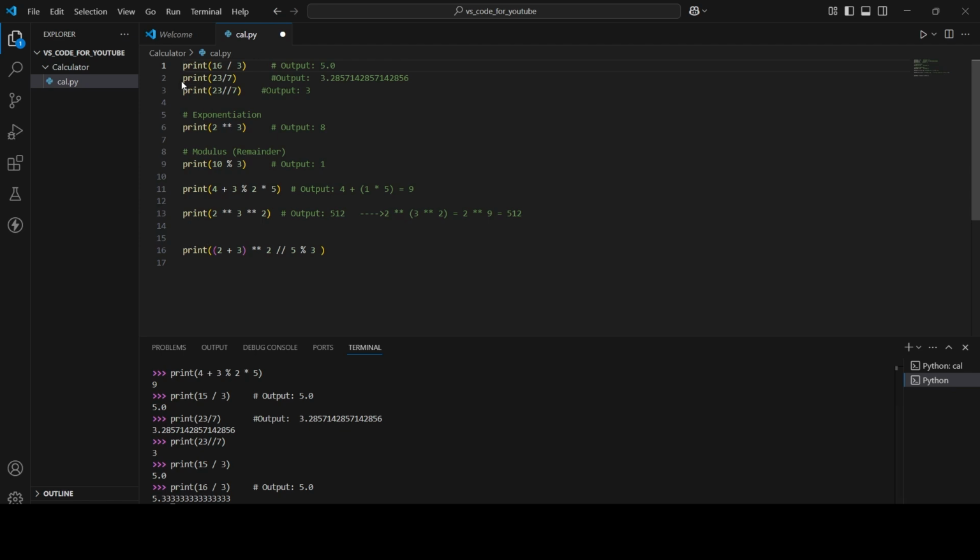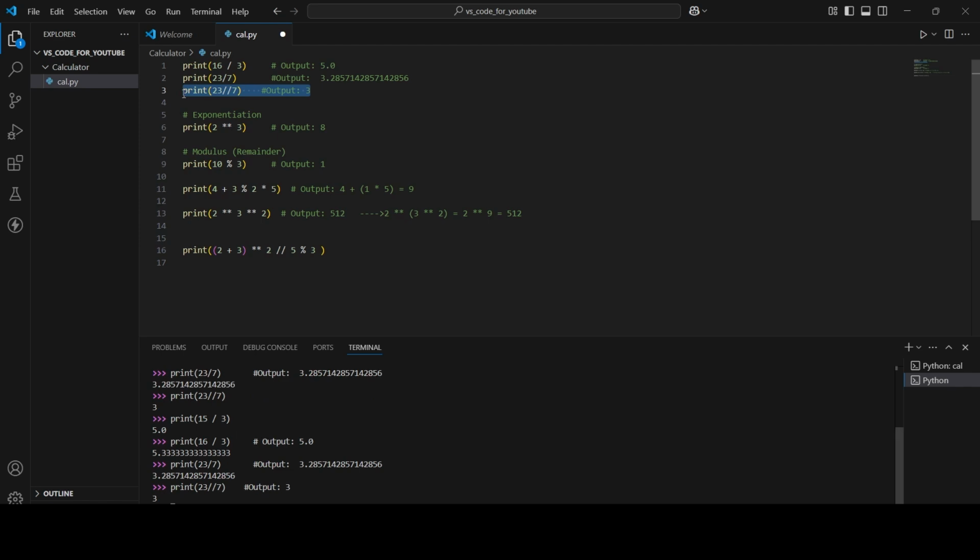And next what we have is print 23 divided by 7, and it is returning me 3.2871 since it is a float division. Similarly, when I try to divide 23 and 7 using integer division, it will return me the integer quotient.